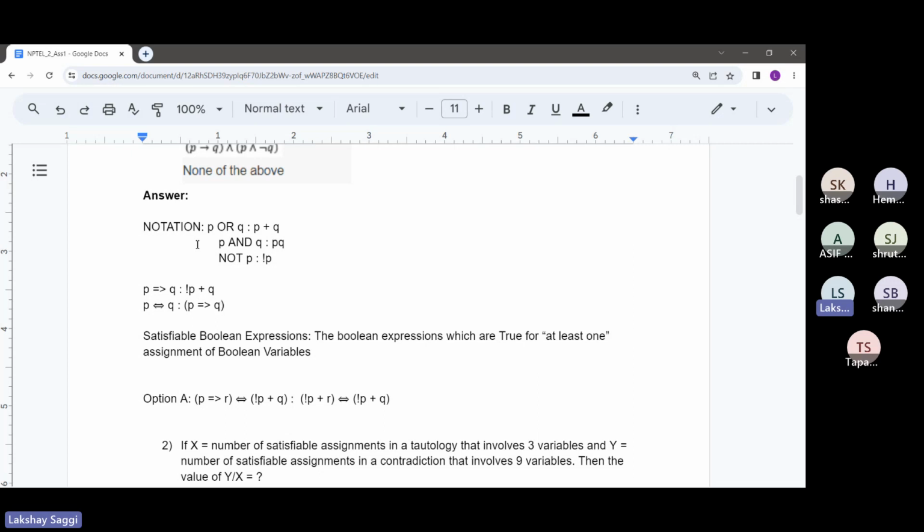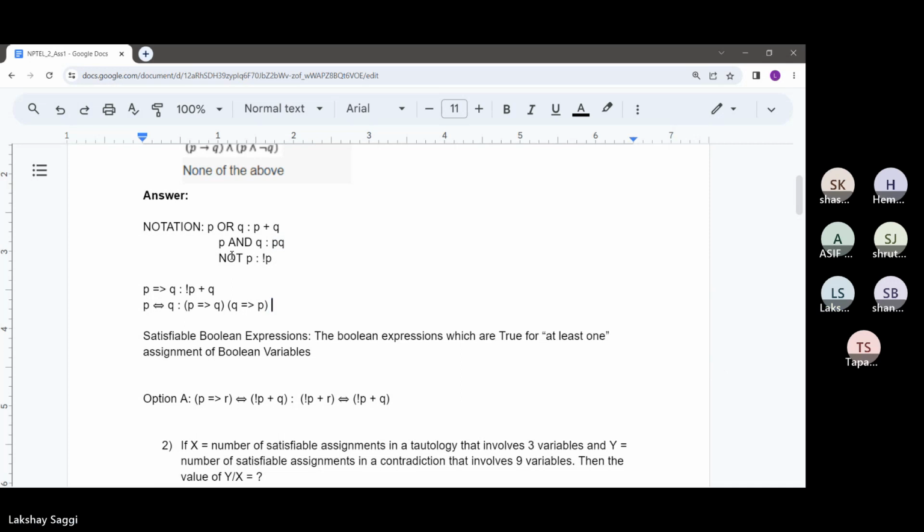So just bear with me. P if and only if Q, the double implication arrow, means P implies Q and Q implies P. So P implies Q and Q implies P will be nothing but P implies Q multiplied by Q implies P, because I'm using multiplication for the AND operator.